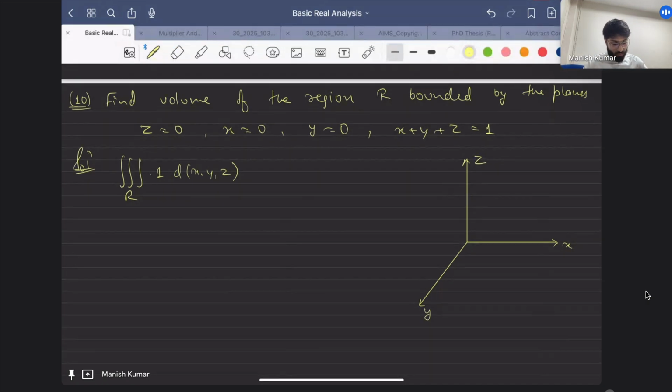So when you put y equals 0, what do you get? x plus z equals 1, right? Yes, sir. And when you put y equals 0, it will be like this. Again you will get this kind of y plus x equal to 1, and similarly here also you will get this.